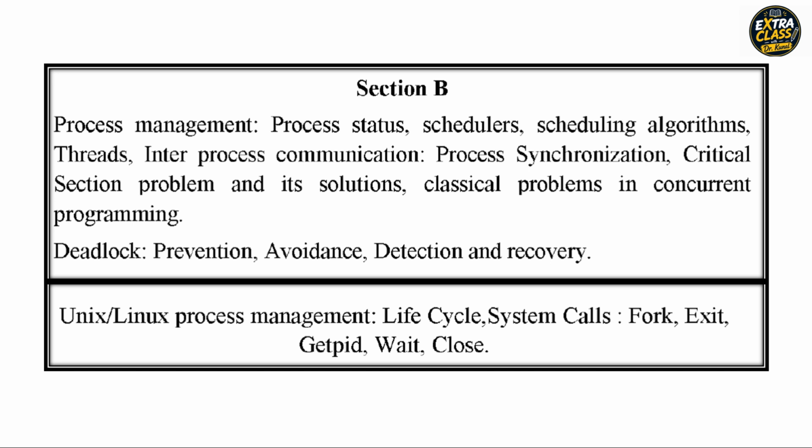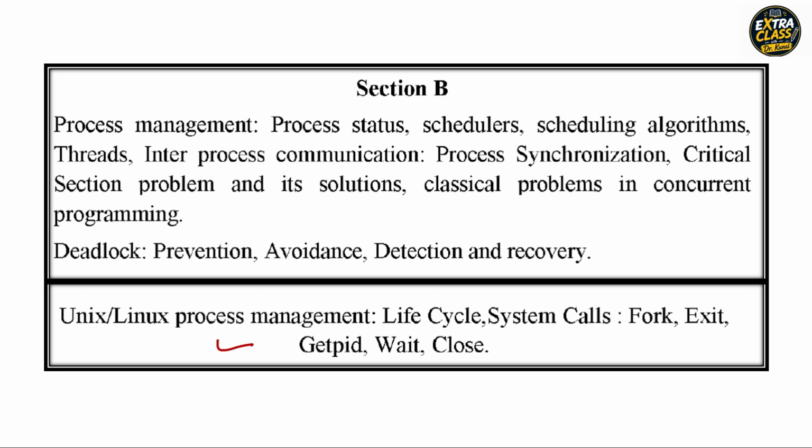In section B we also have a part down here. This part is mainly a practical approach. We will learn this in the lab: how to use fork, what is a system call, how to get the process ID, getpid meaning get process ID, and how to use wait and close.